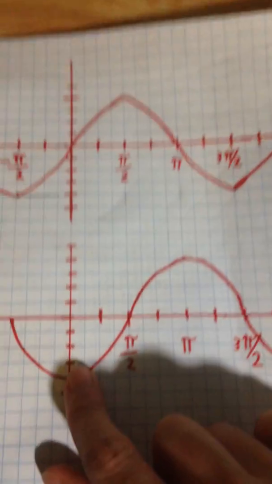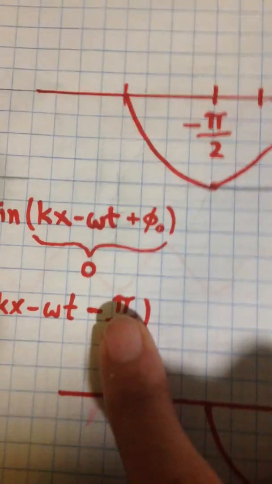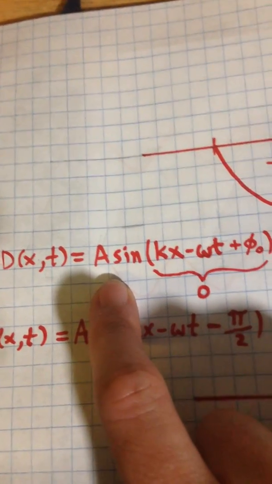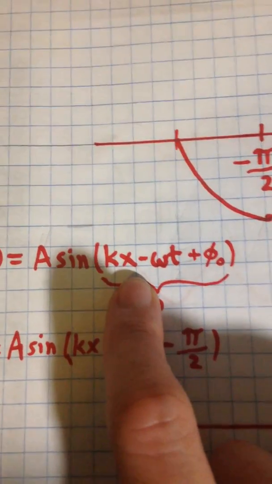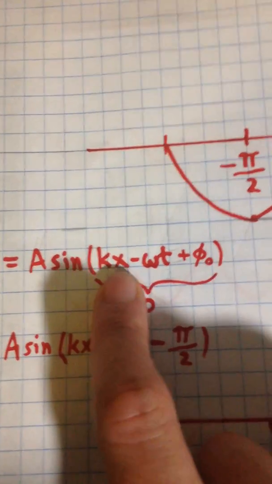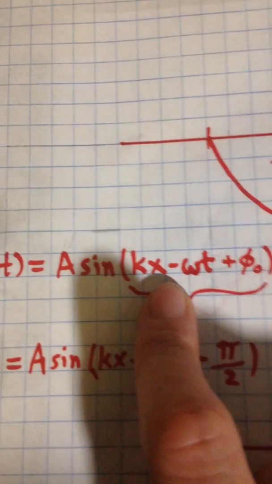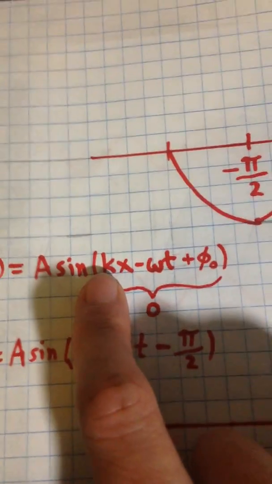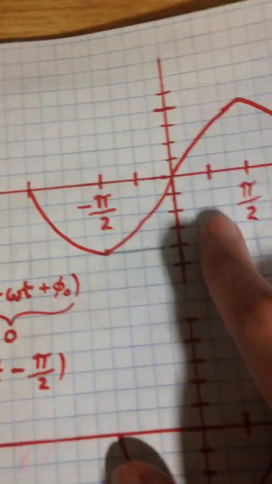And you shift it forward even though it's negative, because the displacement of a particle in the medium uses the sine function, so what you want to do is set the stuff inside the sine function equal to 0. That's how the sine function works. If you have sine of 0, that is 0, so that would be the origin.